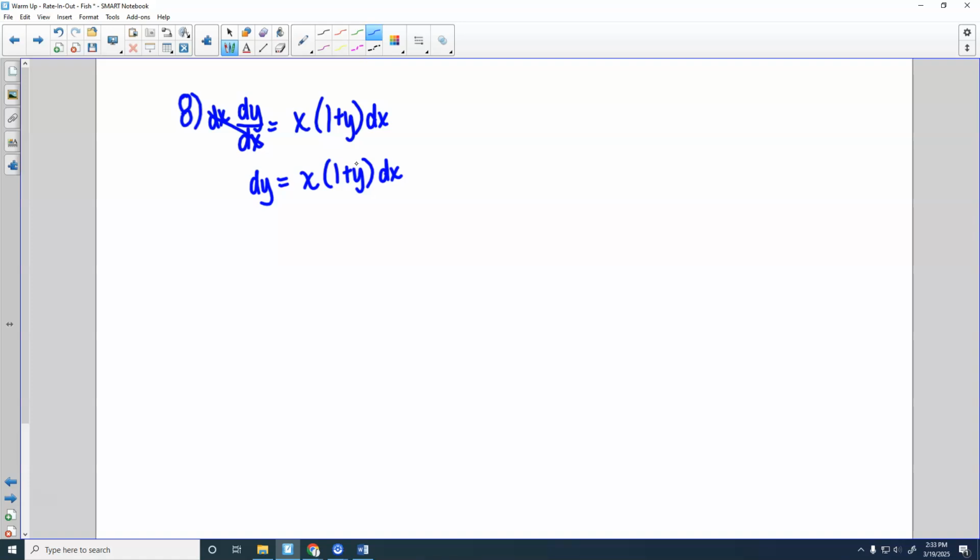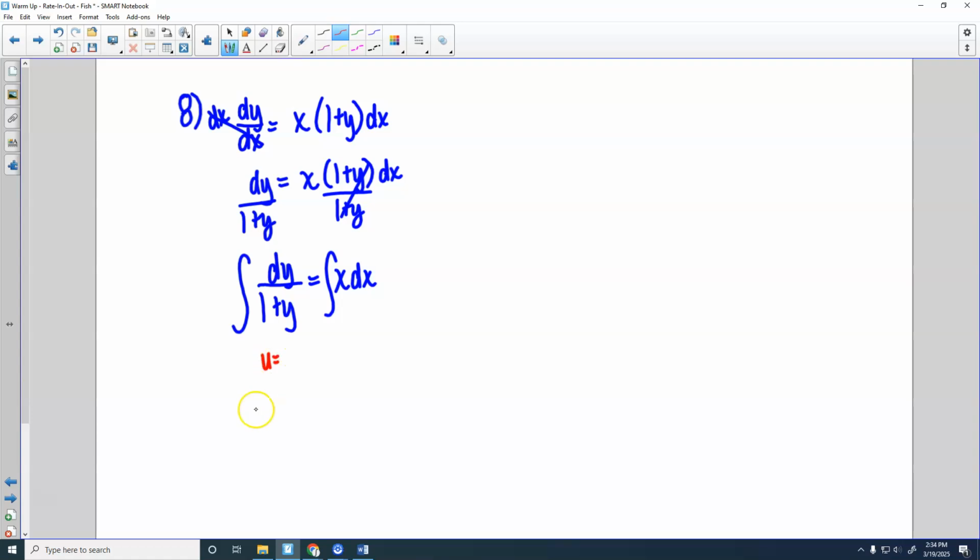It doesn't matter where the 1 goes, so it's okay to just divide by 1 plus y. So now I've got dy over (1 plus y) equals x dx. We're okay there, separating. So we're going to integrate both sides. The right side's not that bad to integrate. For the left side, you have to do a u-du substitution.